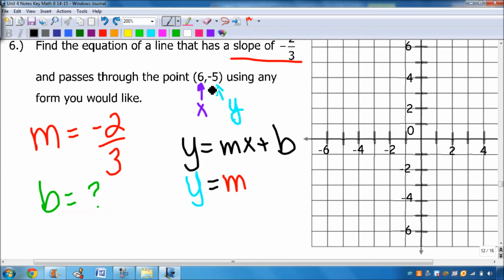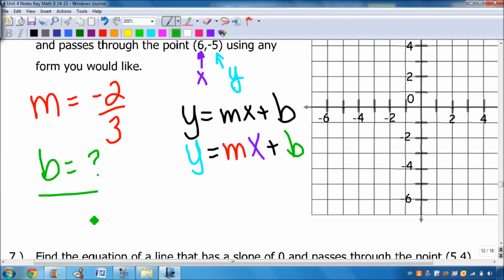Right here, the x is given to us, so I'm going to color-code this purple so you can see where this is all coming from. Plus b, we don't know, but we're going to try to figure this out, okay? So, again, plug in your information. Y is negative 5. It tells you so right here, okay? Equals, m is negative 2/3 because it tells you so right here.